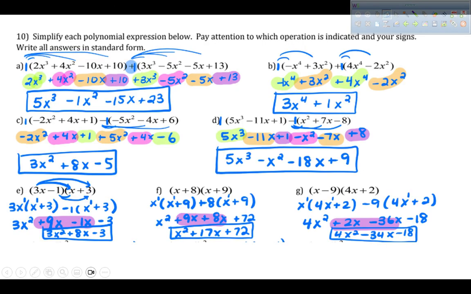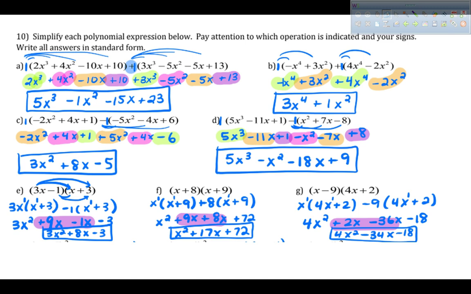All right, so again, you might not have gotten through all of these, but I'm still going to post them all just in case you picked and chose different problems than other people. So letter A and B were both addition, so I just distributed a positive 1.